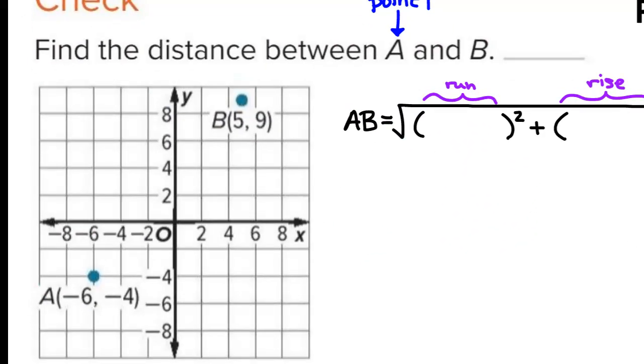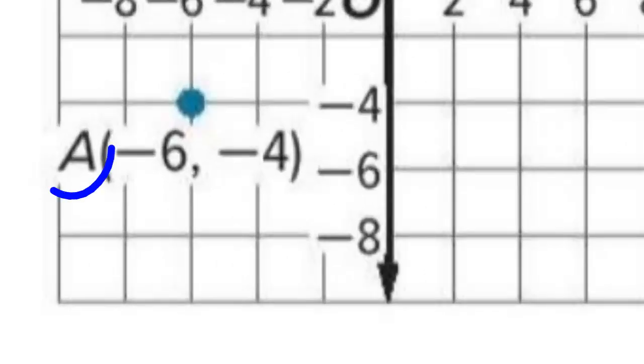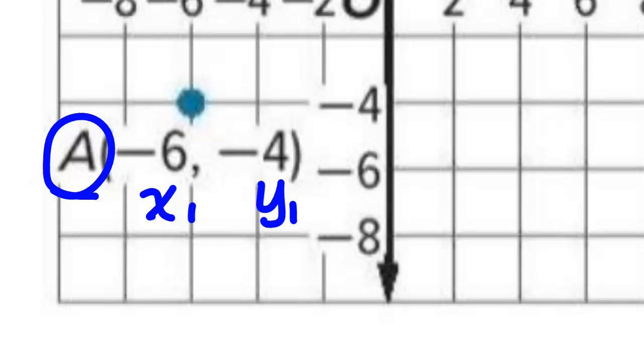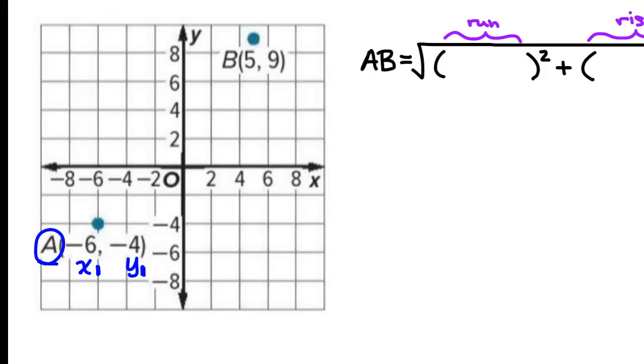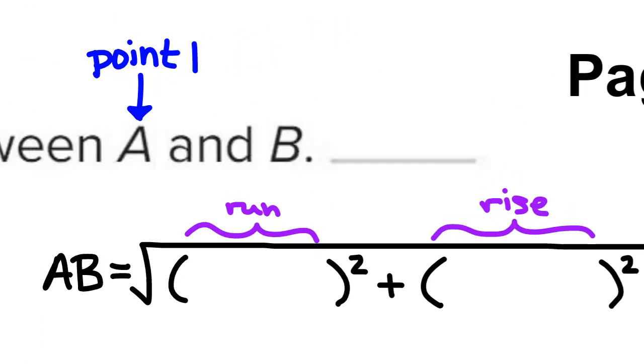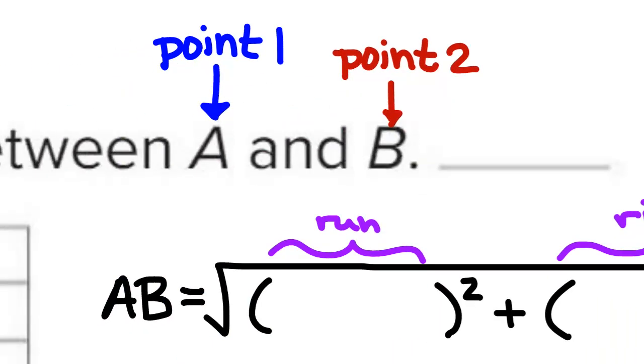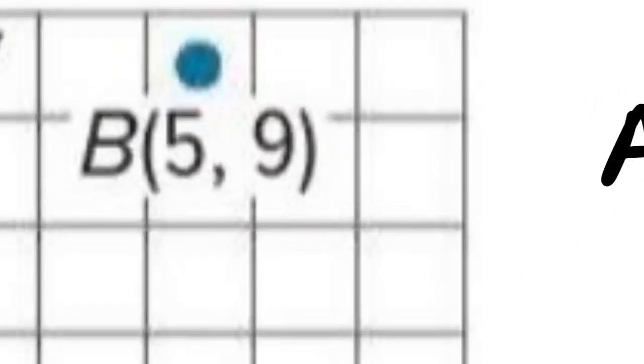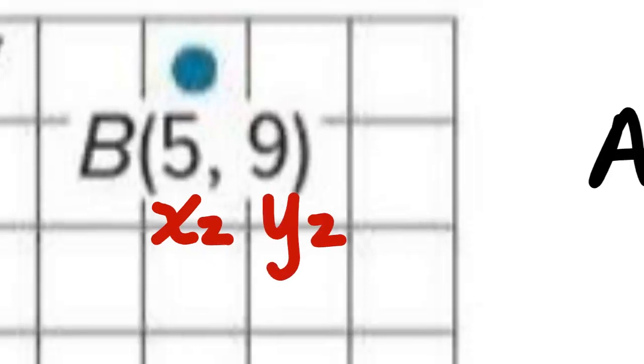So on my graph here, here's A, so this is going to be x1 and y1. Since they gave me point B second, I'm going to let that be point 2. So that ordered pair is going to be my x2 and y2.